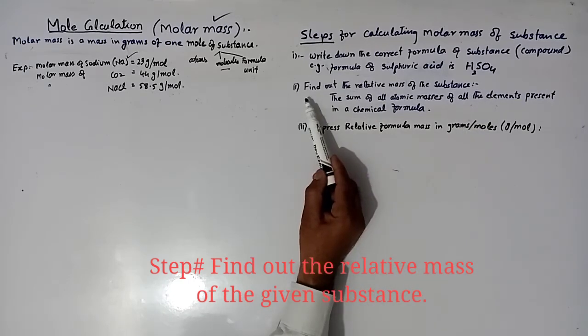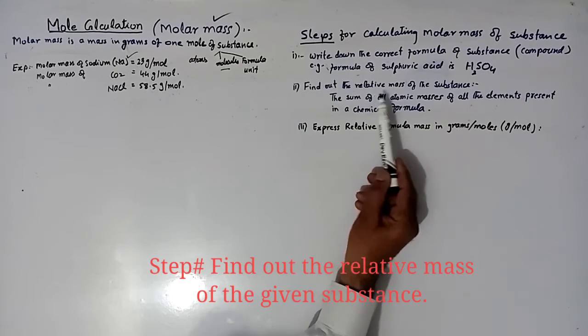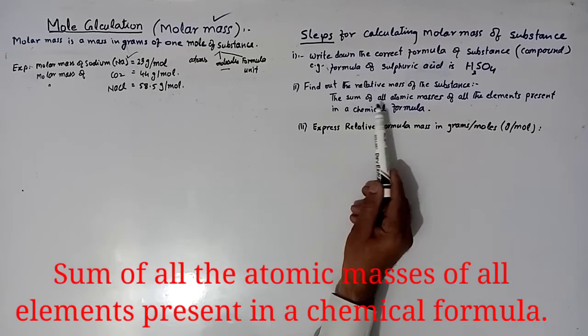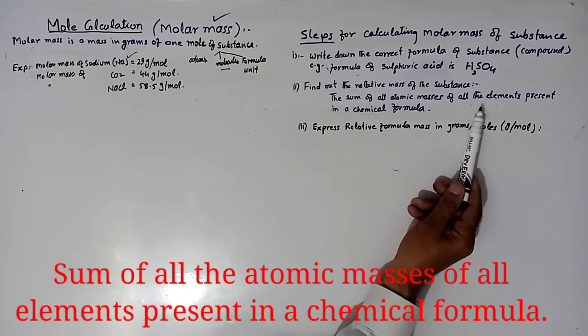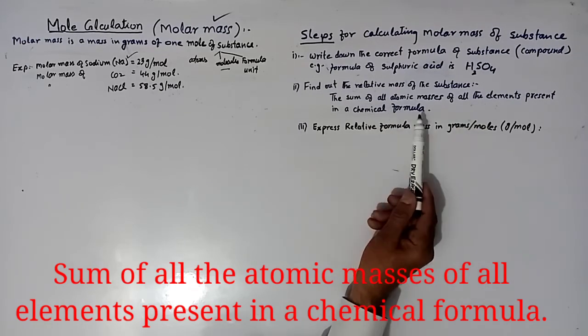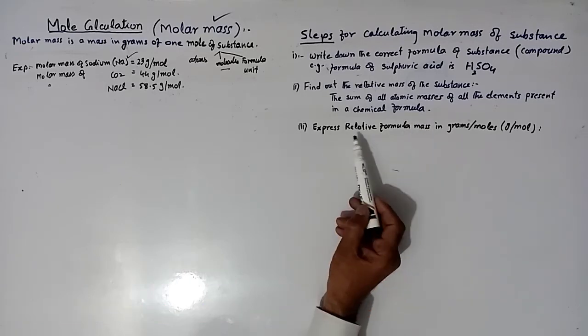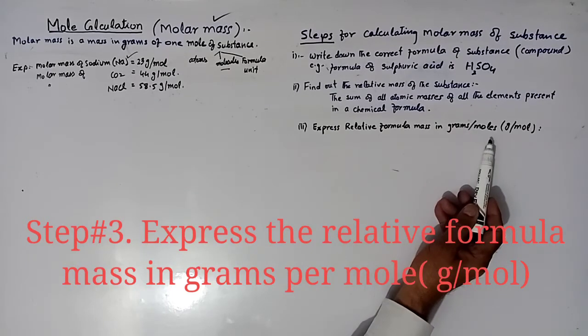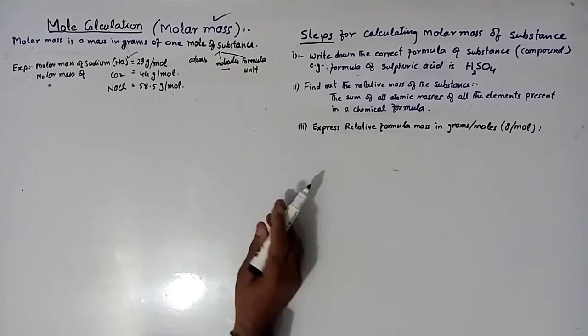Second step is to find out the relative mass of the substance, that is the sum of all atomic masses of all the elements present in a chemical formula. And number 3, express the relative formula mass in grams per mole. So these are three steps.